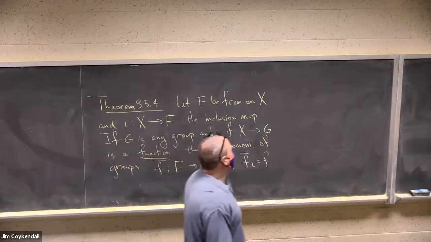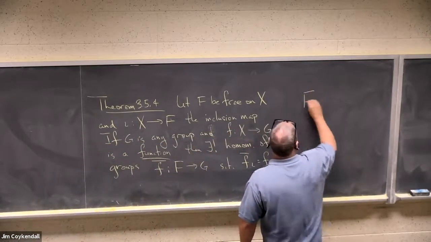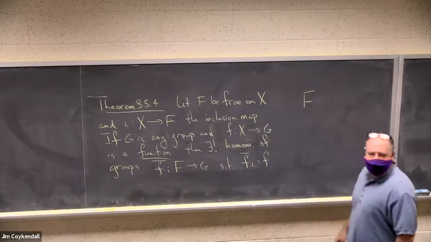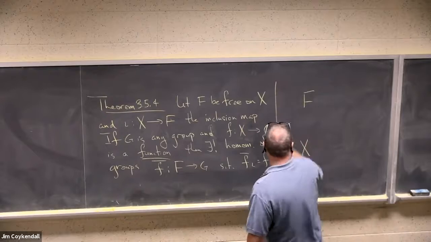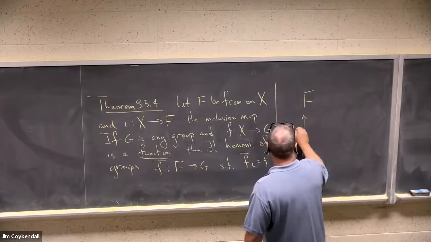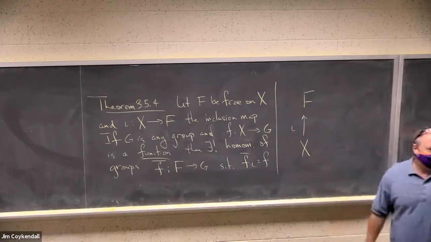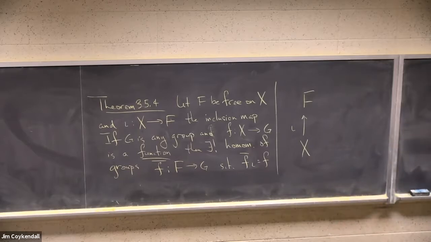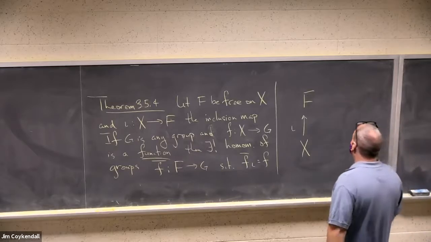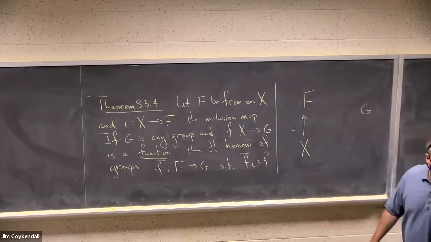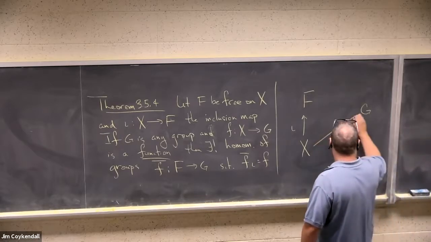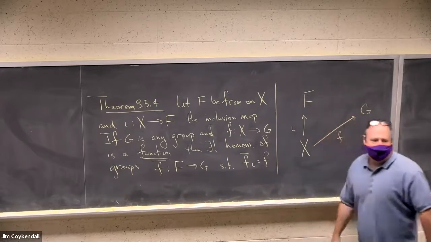And so let me draw a picture of this. Here's the free group F, and it's on the set X. X is my alphabet that determines my free group. Iota is the inclusion map from X into F. And suppose you have a mild mannered group over here, G, and you have some function here.